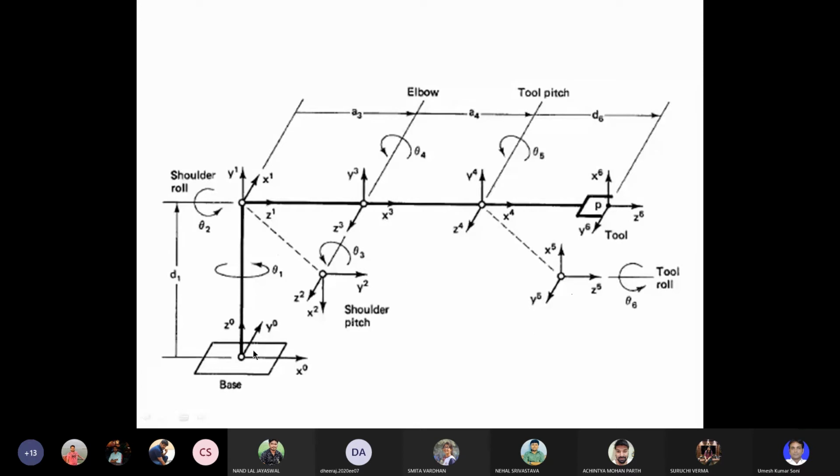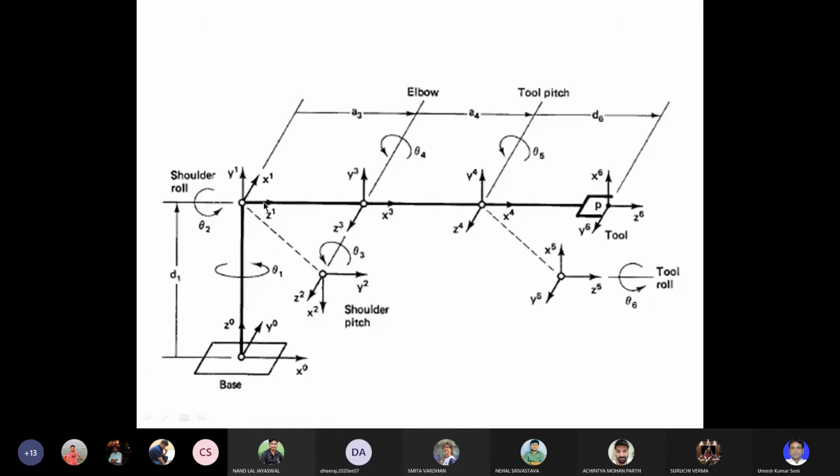Now you see that there is a value of alpha. Here you can see the value is rotating by angle 90 degree. Here Z1 is rotating along the x-axis by 90 degree. So here the Z has rotated again by 90 degree.